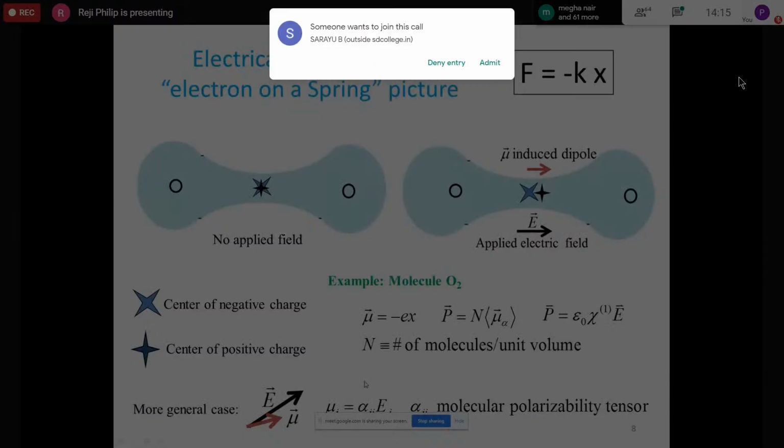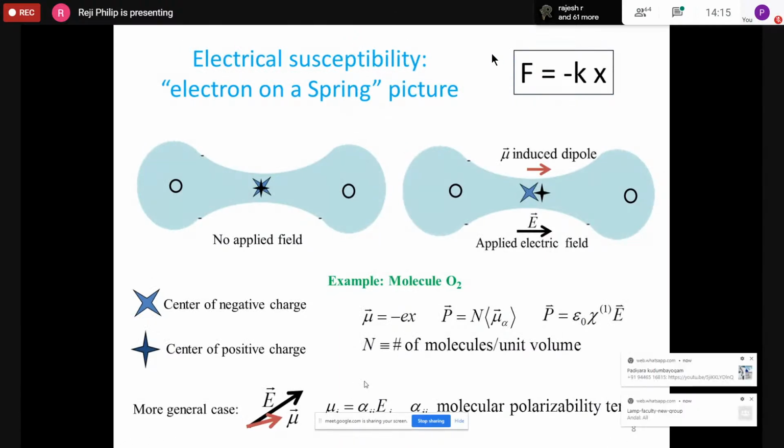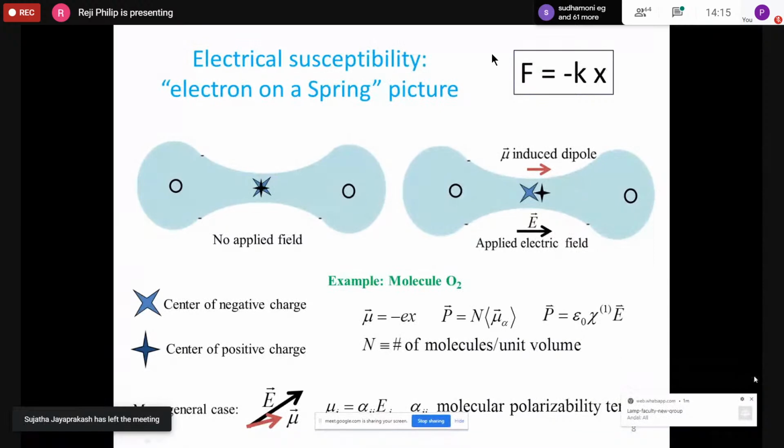And in such situations, you have to write the equation appropriately. So we use the polarizability tensor, mu i is equal to alpha ij Ej. That way we write, where alpha ij is the molecular polarizability tensor.